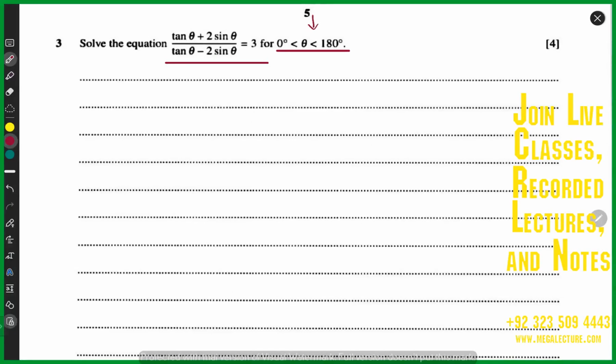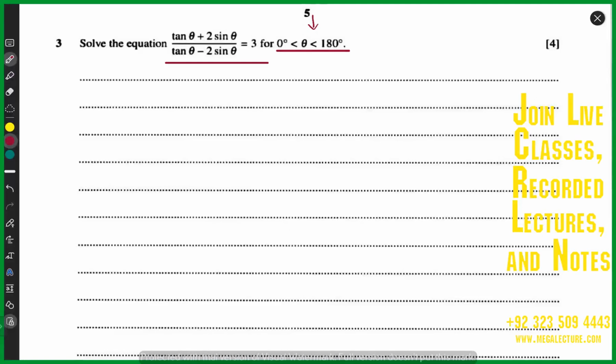So step 1 is to just simplify the equation you have and get rid of as many trigonometric functions as you can, just so at the end you just have one trigonometric function and that is equal to a number, right? Because the question that we have just done had cos theta equals minus 0.7. So everything was done. Here you need to simplify, you need to cancel trigonometric functions just so at the end we are left with one trigonometric function.